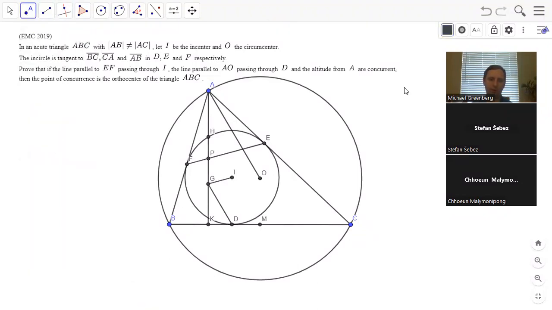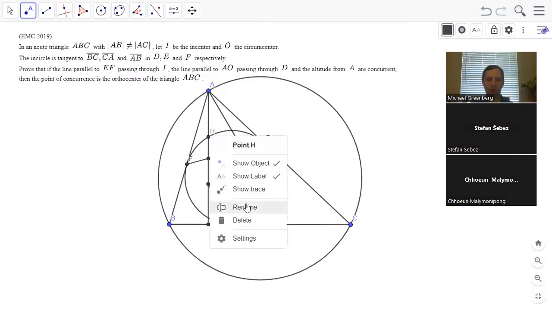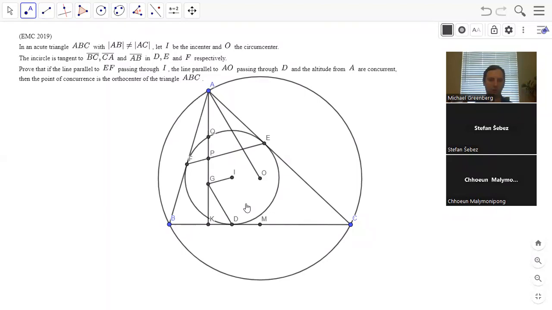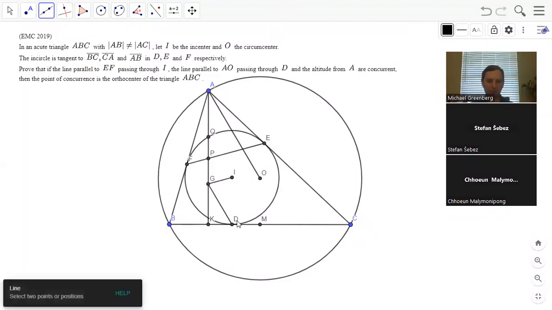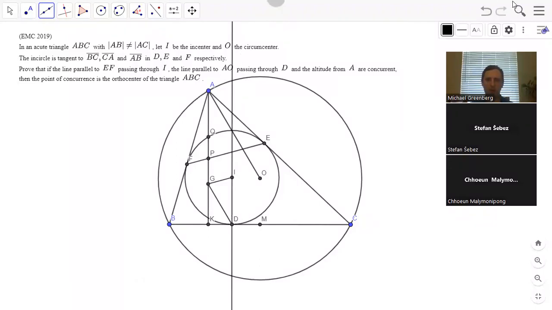To draw this point, looks like DH is perpendicular to EF. Or I could call this Q. And is this like the topmost point? Looks like that might be true. Yeah, interesting.